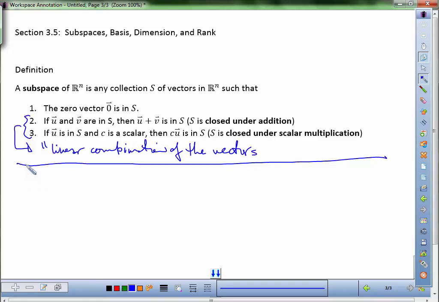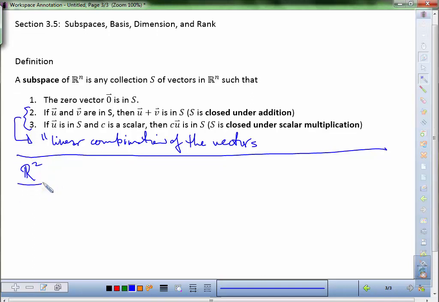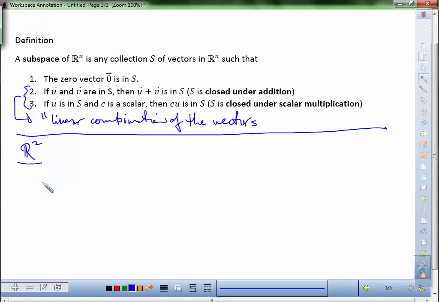Let's take R2 and R3 separately and take a look at the different kinds of subspaces that might exist there. So let's go to R2 first, and let me show you a subspace of R2. This is a subspace in any vector space that will exist.